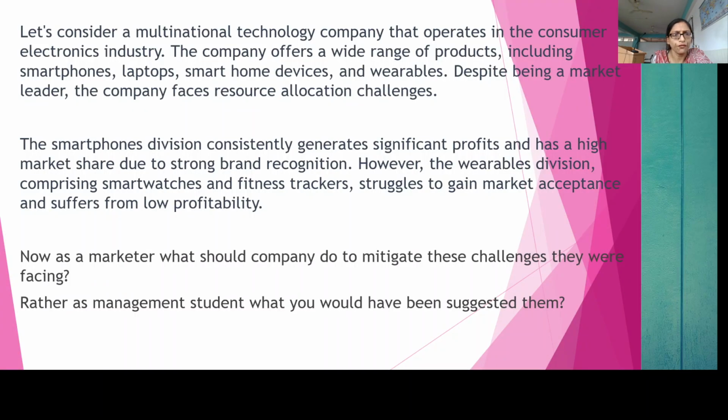Okay, if we consider one case, suppose an MNC which is dealing in the consumer electronics industry, offering various products like smartphones, laptops, smart devices, and other wearables.